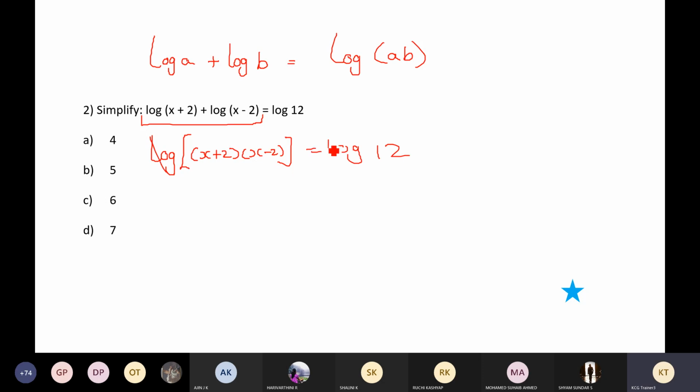So I can cancel off this log. And if I look inside, this is (a plus b) into (a minus b), which is a square minus b square. What is a square? x square. So x square minus 2 square, which is 4, is equal to 12. So the value of x square is equal to 16. So what is the value of x then? It is 4.